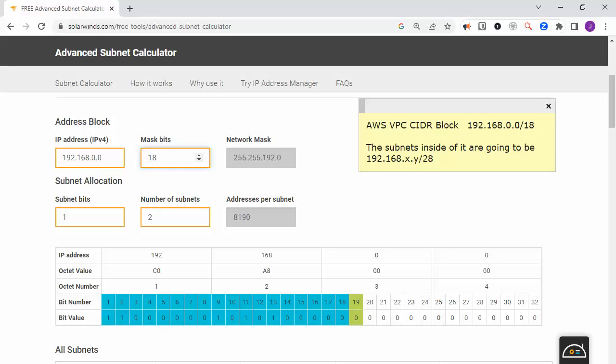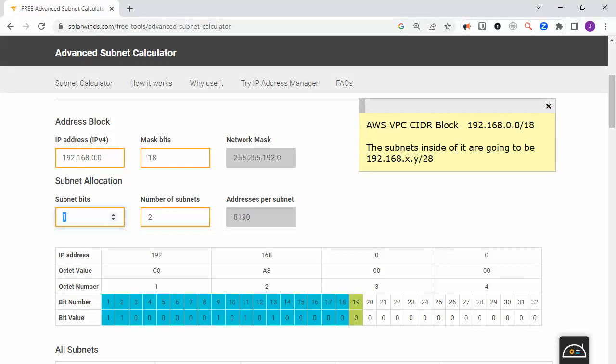The next thing it's asking me is how many bits my subnets are going to have. In this case, we're going to start at 18, but we want to get to 28. That means your subnets are going to have 10 bits, because 18 plus 10 gives you 28.